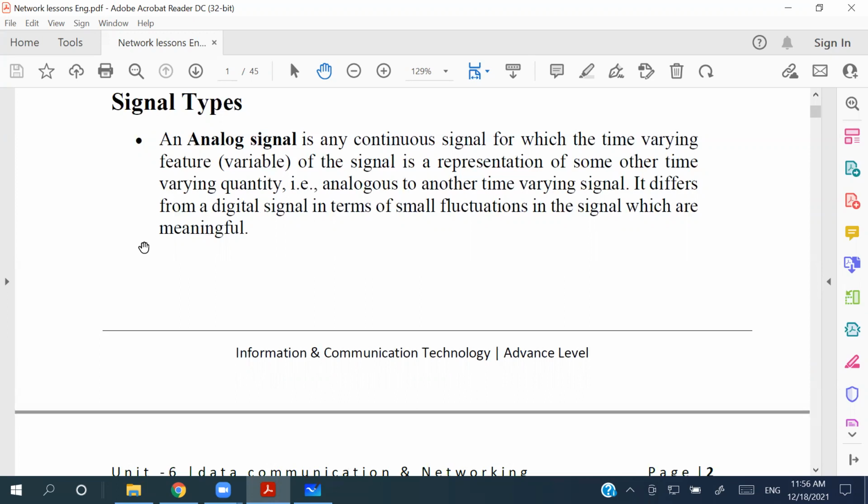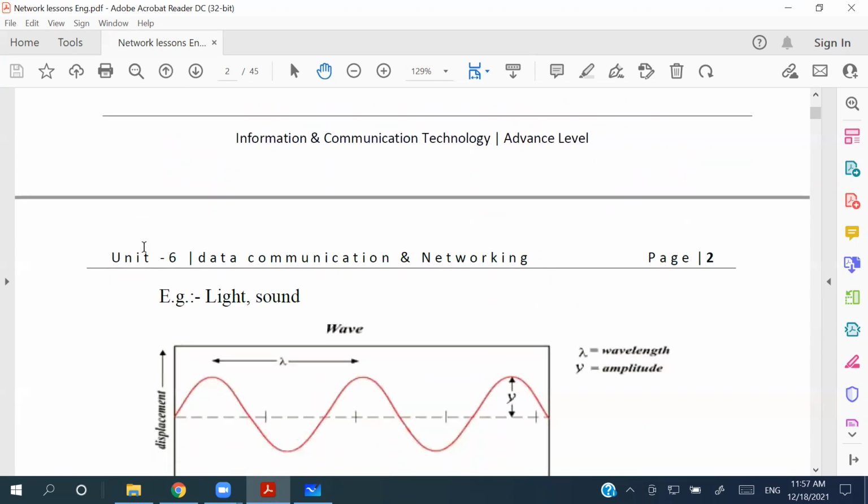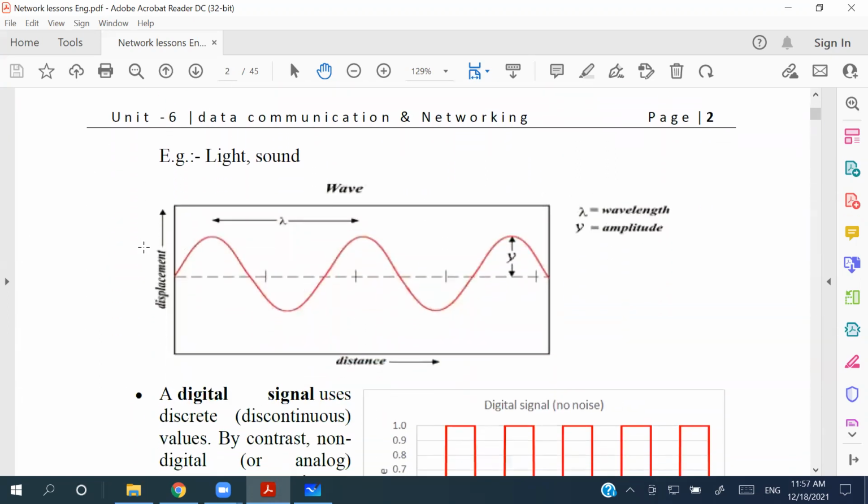That means you are going to talk about the analog signal in terms of amplitude, sometimes the wavelength, sometimes the frequency, kind of things. So generally, we are going to show the analog signal in this particular manner. I think you are familiar with this from grade 10, 11 science. They are talking about these analog signals and the qualities of those, right? And this is just a recap of it, right?